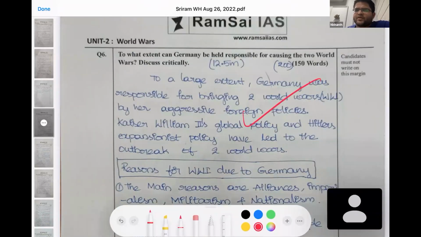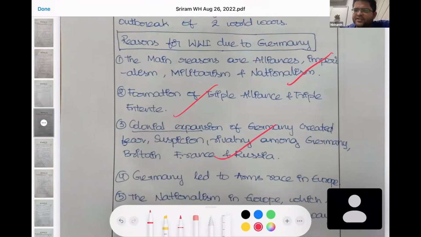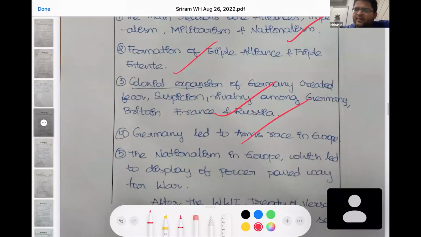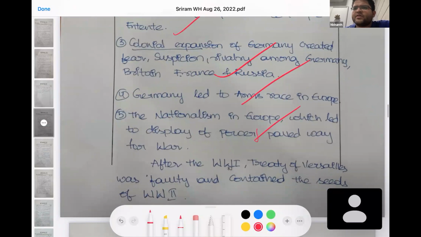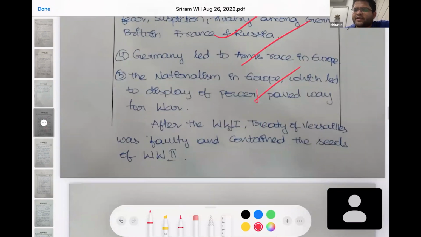Yeah. Good introduction. Yeah. Alliances, triple alliance and triple entente, colonial expansion mindset. Yes. Arms race, nationalism. Humiliation of France. Did you write? You can write that. Bismarck was responsible. No, sir, I didn't. Okay.